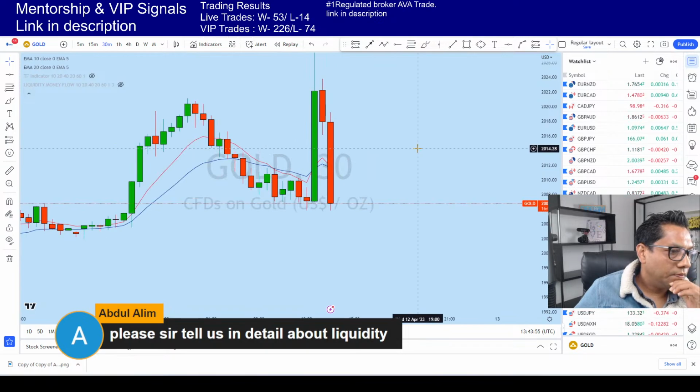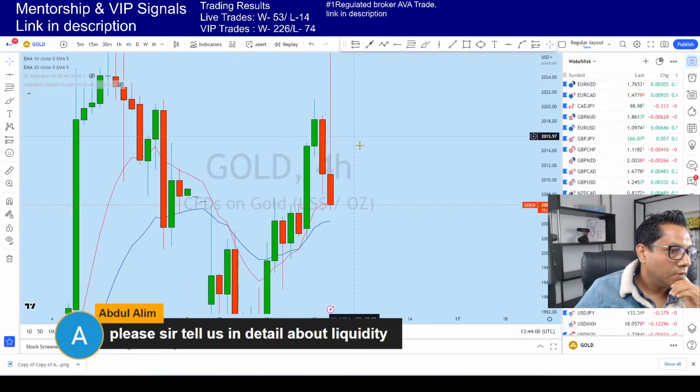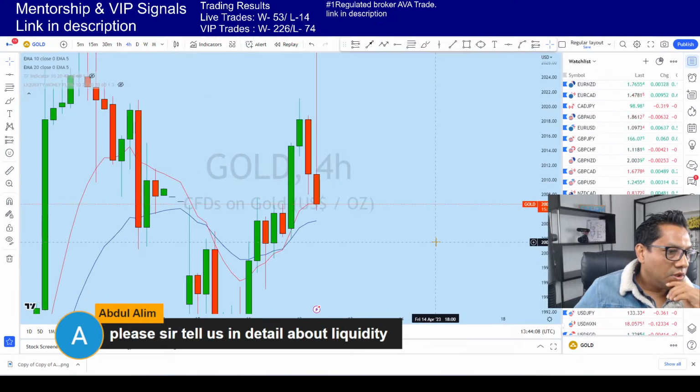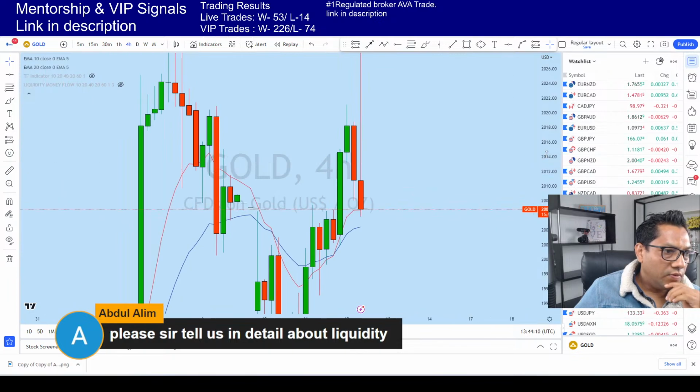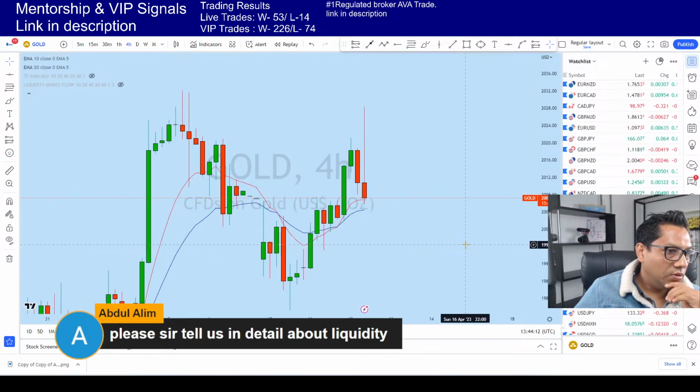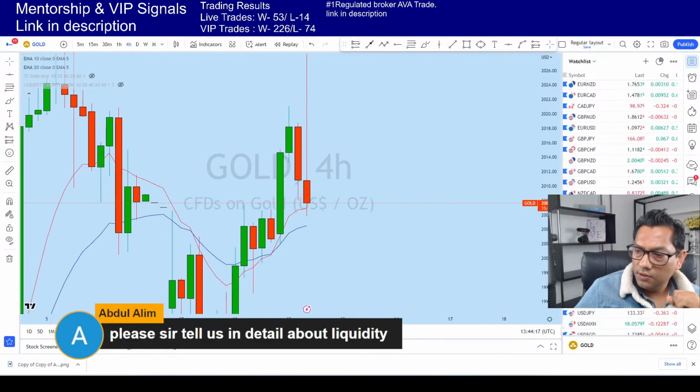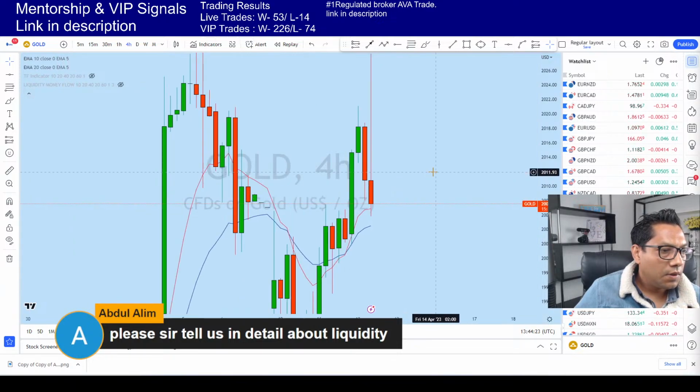So this 4-hour candle is quite significant. What I think it is trying to do is grab liquidity from all sides.